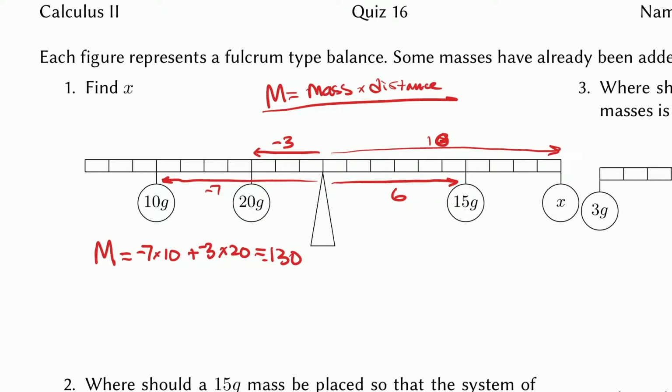So if it's in balance, it means that the stuff on the right balances the stuff on the left. Or another way of doing it is to think of the entire system and add up all of the moments, thinking of these as negatives back to the left. And then the total should be 0, which puts the fulcrum at the balancing point.